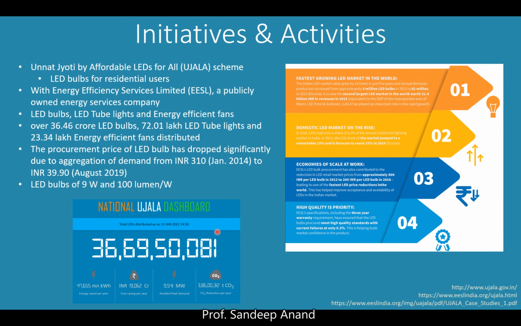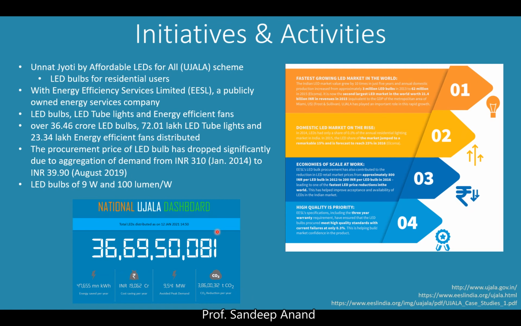So with that thought, there was another scheme called Unnat Jyoti by Affordable LEDs for All, which is UJALA, wherein although the primary target was to give LED bulbs to residential users, eventually it also included LED tube lights and energy-efficient ceiling fans.